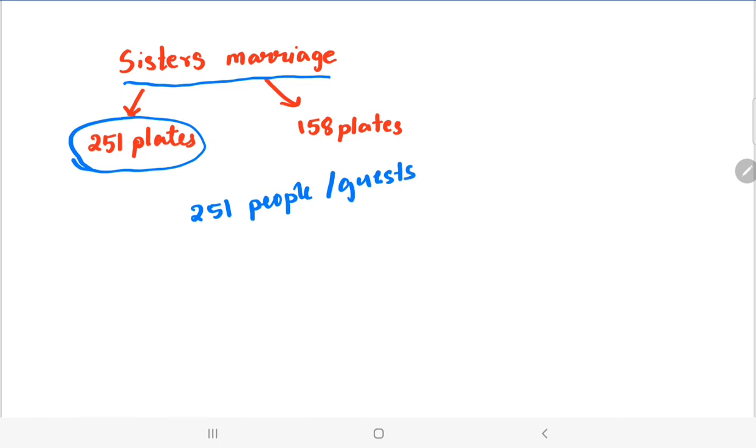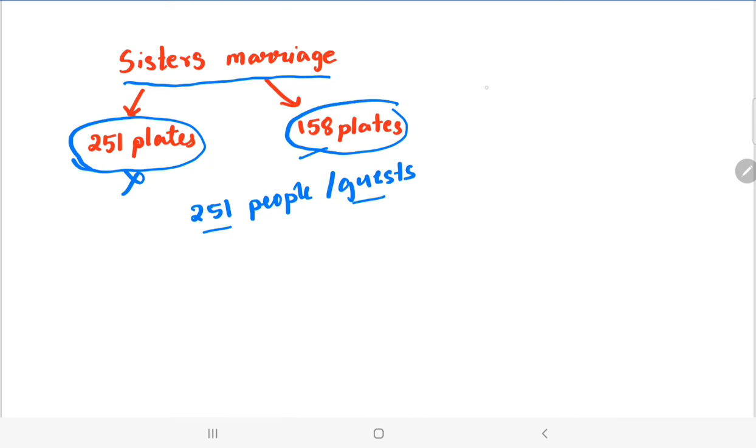So he will tell you to go and bring 251 plates, and these plates are not sufficient. You did not expect it, but still many people came, many family members and relatives. So again your father tells you to bring 158 plates for your guests, right?